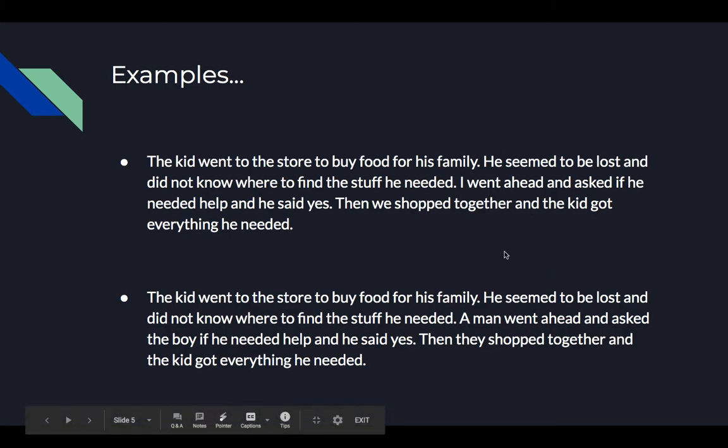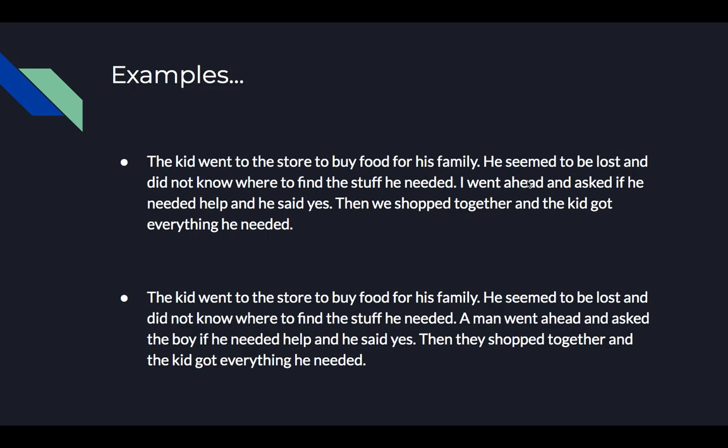So in here I have two very similar paragraphs. There's mainly, I think, just like 3 or 4 different words between these two. So the first two sentences for these are exactly the same, which are: the kid went to the store to buy food for his family. He seemed to be lost and did not know where to find the stuff he needed. Okay, so up to this point, it looks like third person because you're observing and you're describing.